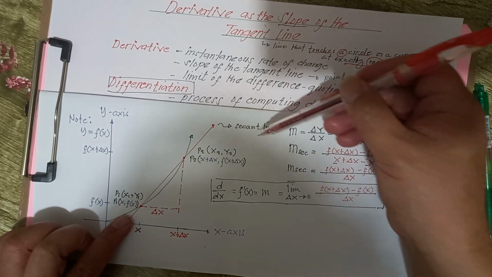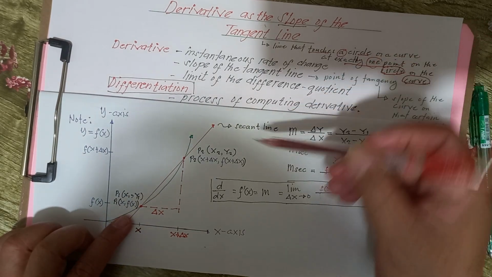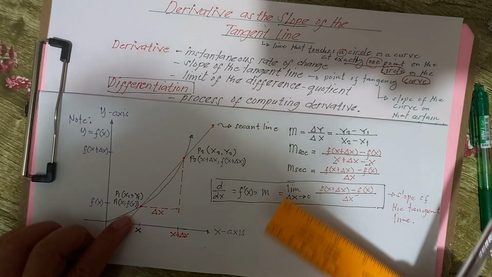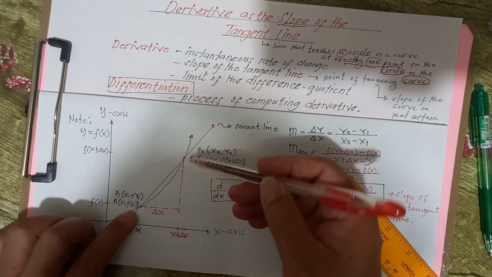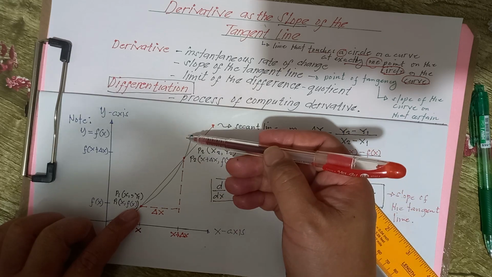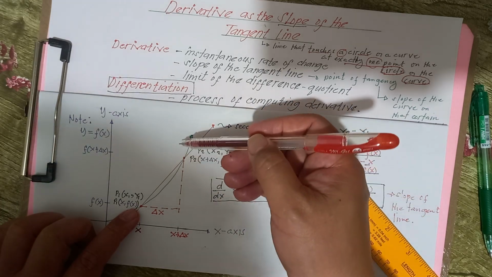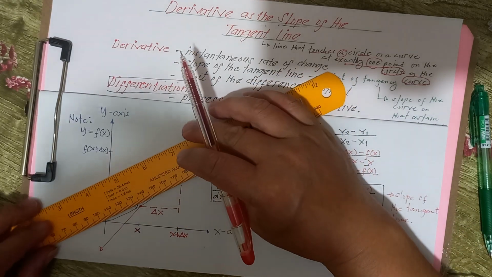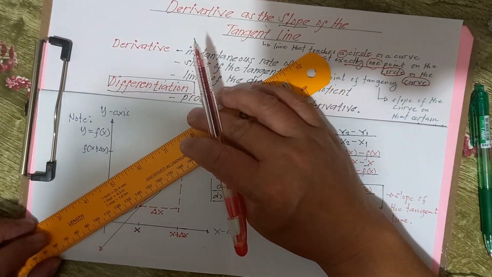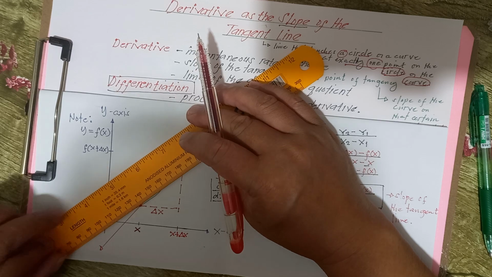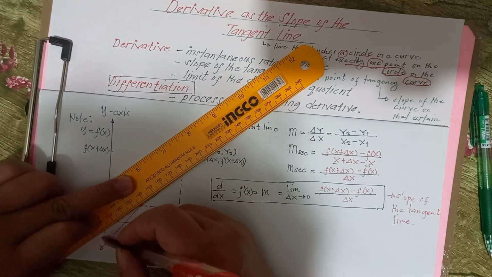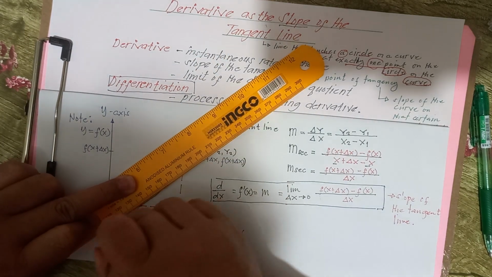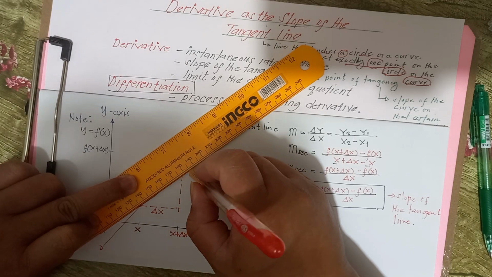derived from the slope of the second line. But notice that when the second line will tilt down, okay, it will move down, it will be pulled down, you will observe that it has this effect.